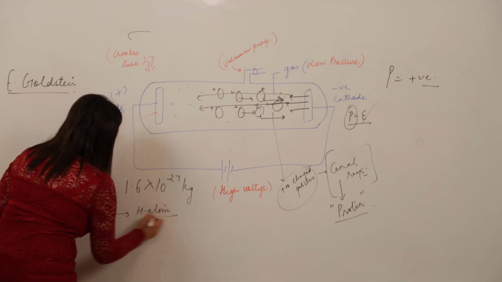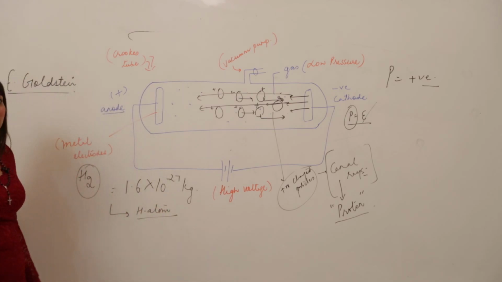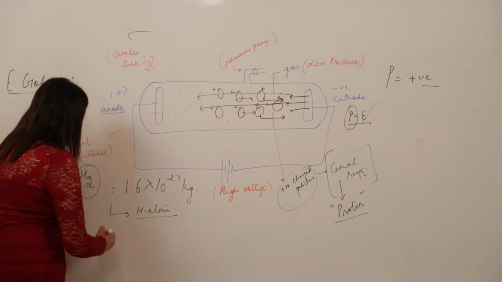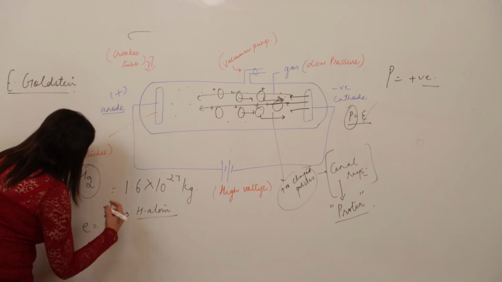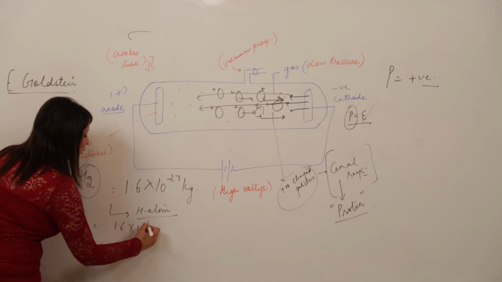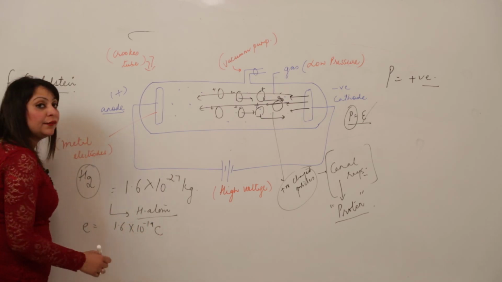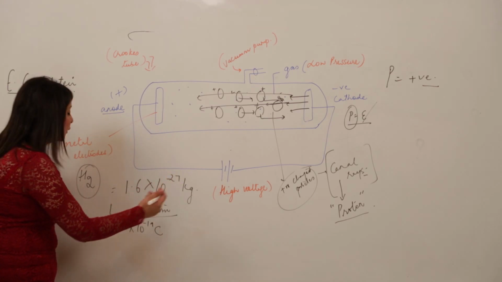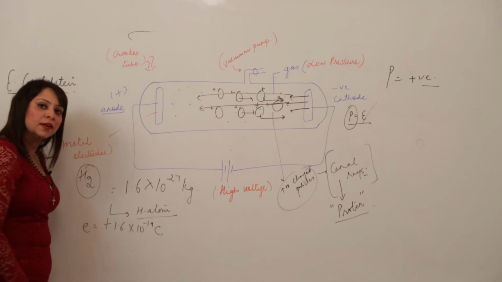And the charge is of the same magnitude as the electron has, that is 1.6 into 10 raised to power minus 19 coulomb. The difference is that the electron is negatively charged and the proton is positively charged.